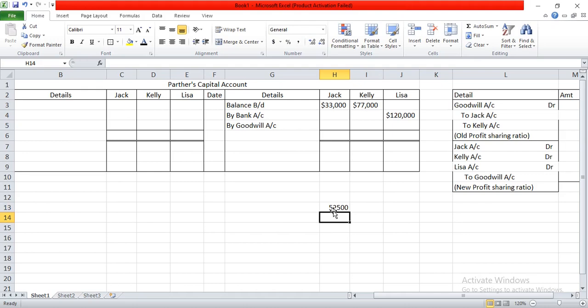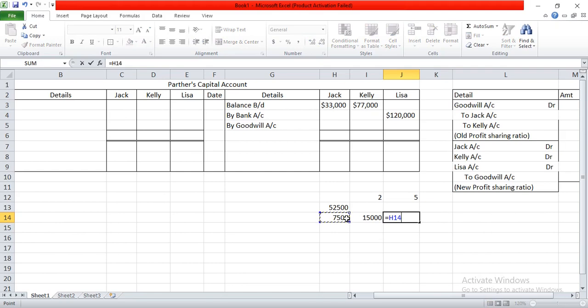This would be shared between Jack and Kelly in the old profit sharing ratio, 2:5, so altogether 7. 52,500 divided by 7 gives 7,500. For Jack, 7,500 times 2 is 15,000, and for Kelly, 7,500 times 5 is 37,500.